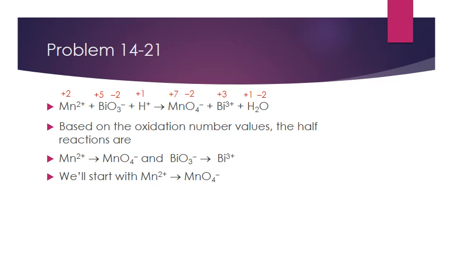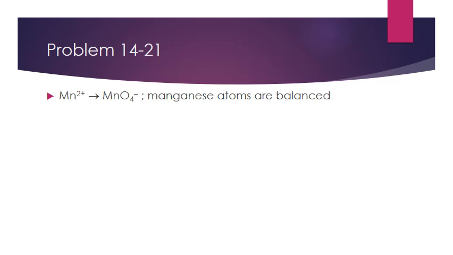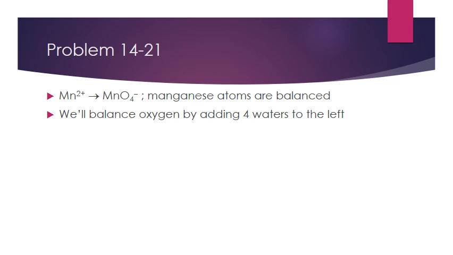So let's start by balancing the manganese half reaction. The manganese atoms are already balanced. Let's balance the oxygen by adding 4 waters on the left-hand side. That gives us this half reaction.